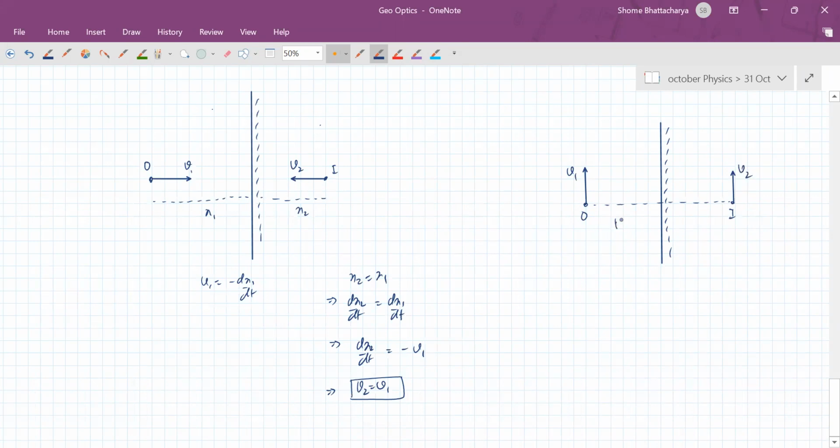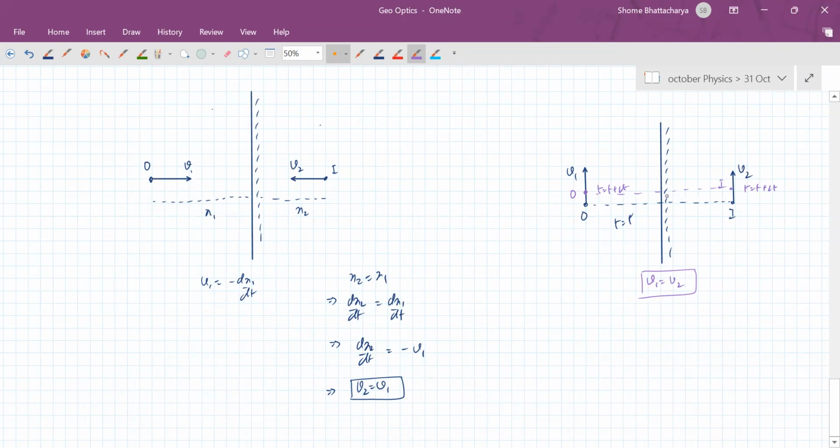So this is at some time t, then at some time t plus delta t. Now the image should be at the same perpendicular distance behind. So this will tell you that if it's a parallel velocity, then v1 is equal to v2. If it is a normal velocity, then it's opposite in direction.